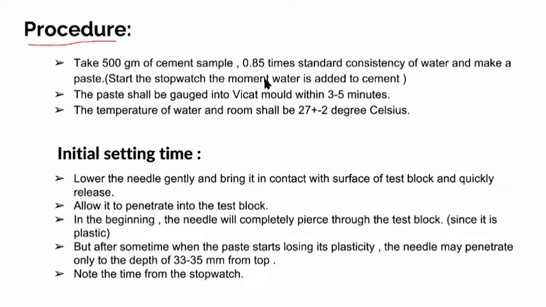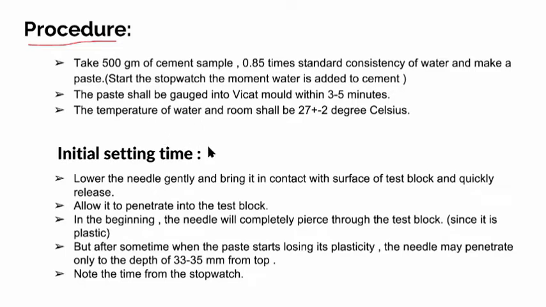The moment the water is added to the cement, we start the stopwatch and note down the time. The paste should be mixed for 3 to 5 minutes. The temperature of the water and the room at which the test is performed should be 27 plus minus 2 degrees Celsius.